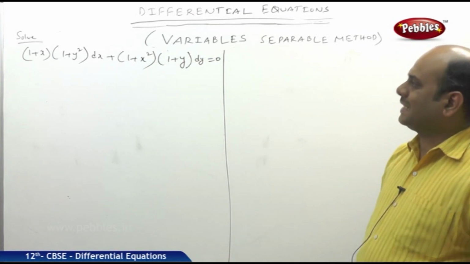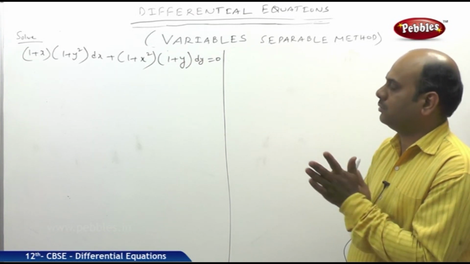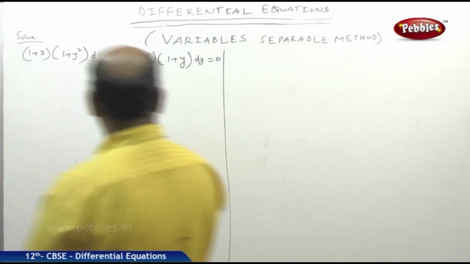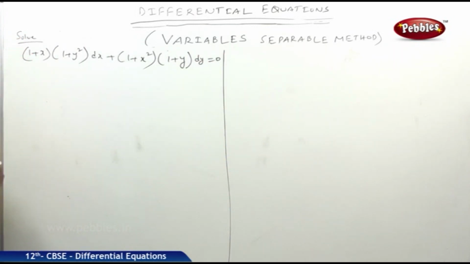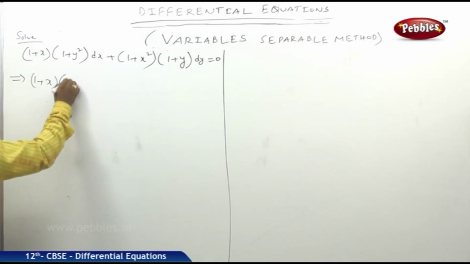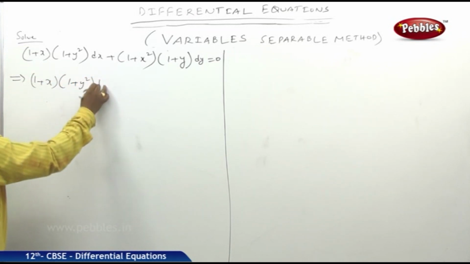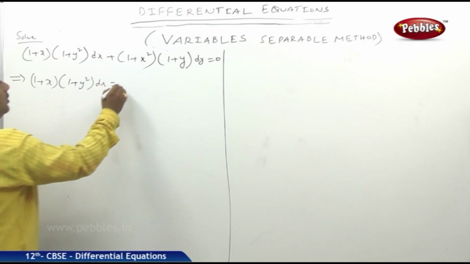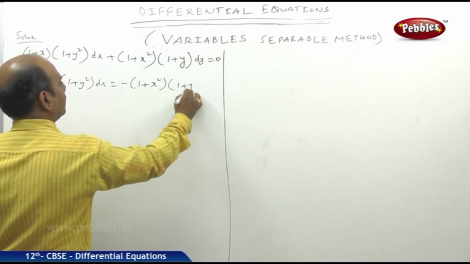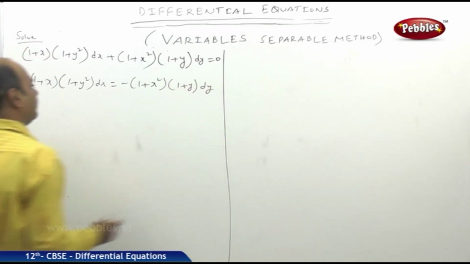He is asking us to solve (1 plus x) into (1 plus y square) dx plus (1 plus x square) into (1 plus y) dy. So this is our given relation. For my convenience, at the beginning stage, (1 plus x) into (1 plus y square) dx is equal to minus of (1 plus x square) into (1 plus y) dy.